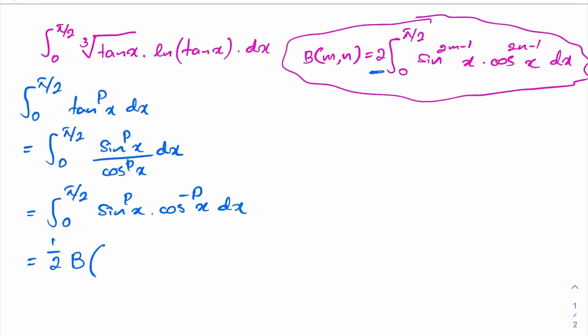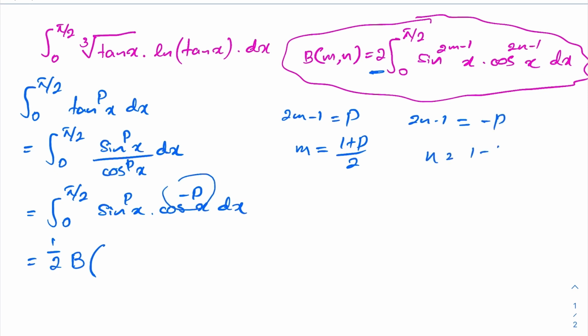Here we have the power 2m minus 1, so 2m minus 1 is equal to p, so m is equal to 1 plus p over 2, and 2n minus 1 is equal to minus p, so n is equal to 1 minus p over 2. So we can write here 1 half beta of 1 plus p over 2, comma, 1 minus p over 2.